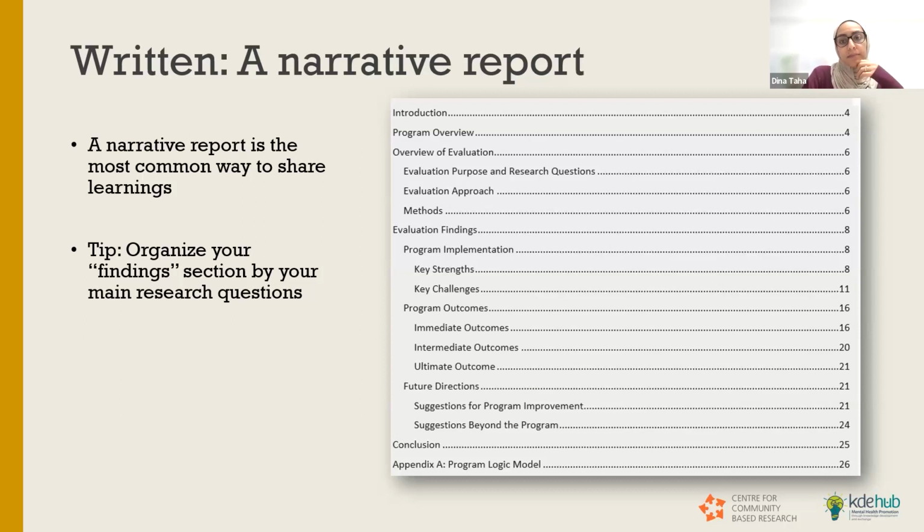And the table of content can help you organize your thoughts around what should be included in the final report. And again, like Rich mentioned, it makes sense to organize the reporting on the findings based on the research questions, because at the end of the day, this is why you're having this evaluation, in order to respond to those questions.